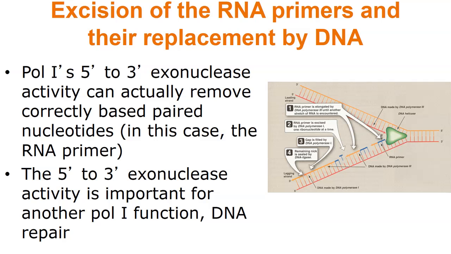The RNA primer presumably was synthesized correctly. It's correctly base paired, but it's RNA, and we're trying to get rid of it. Ultimately, you don't want to leave RNA in the final DNA molecule because RNA molecules are much more labile, and so that means they're subject to degradation. You want to keep your hard copy as intact as possible.